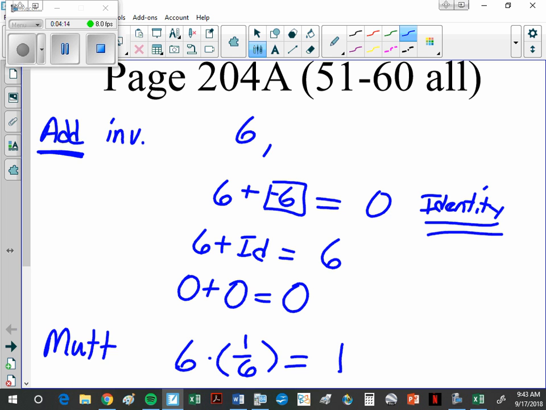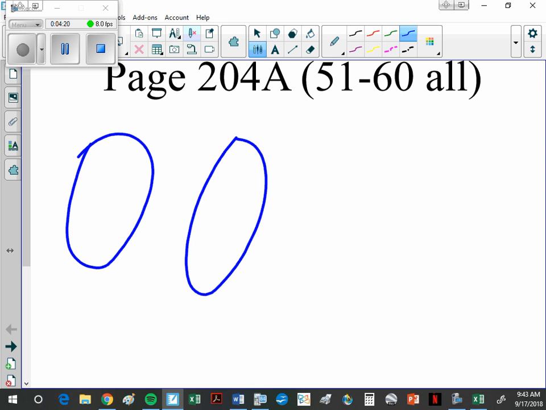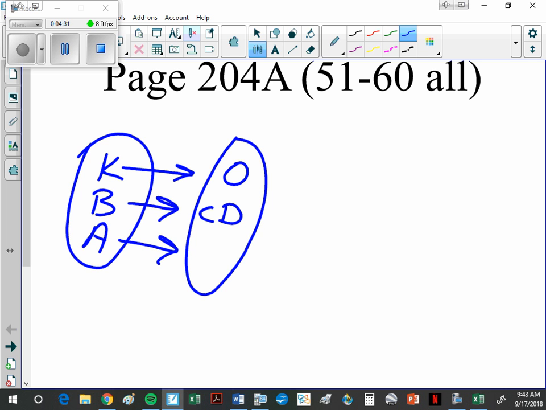So if we looked at a function, I've done this before: Kyson lives in Orangeville, and Bailey lives in Castledale, and Aurora lives in Farron. We'll call this function g.